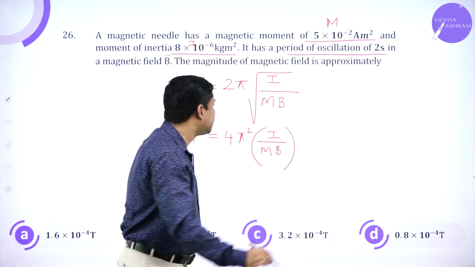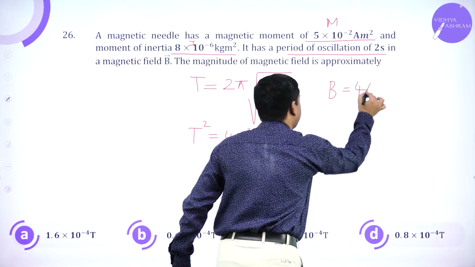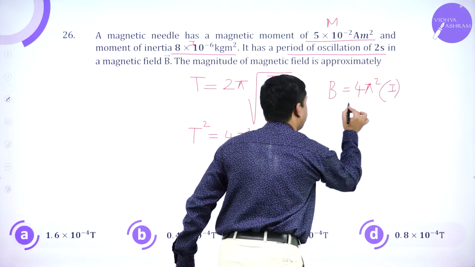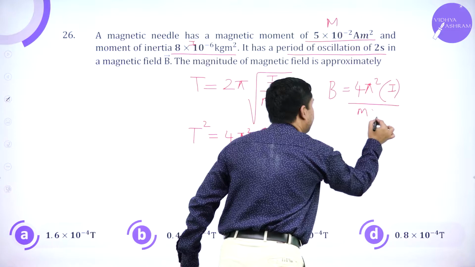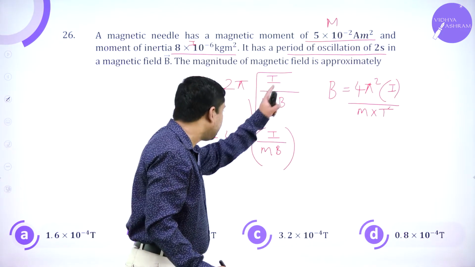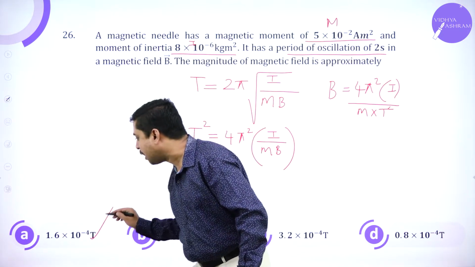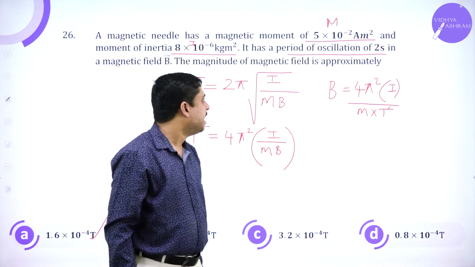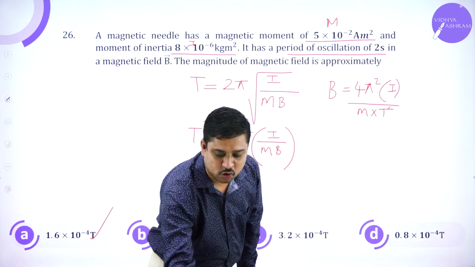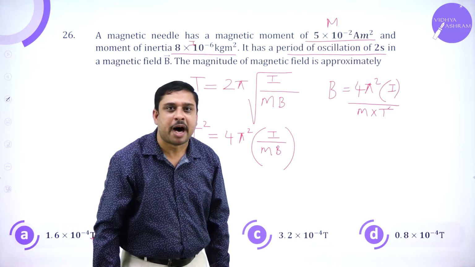I want the strength of the magnetic field, so that is 4 pi square I divided by M into T square. When I do the simplification briskly, the answer turns out to be 1.6 into 10 power minus 4 Tesla. So please do know that the answer is 1.6 into 10 power minus 4.